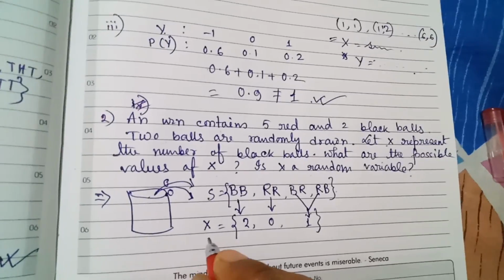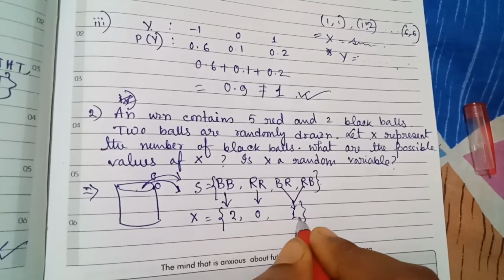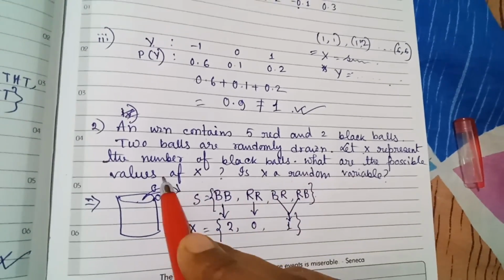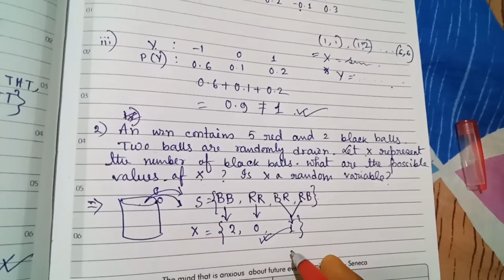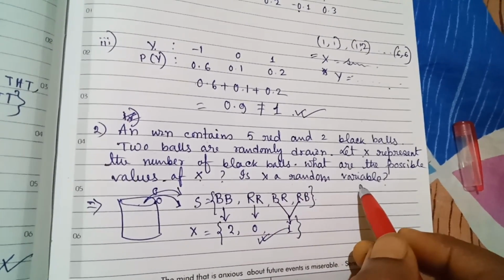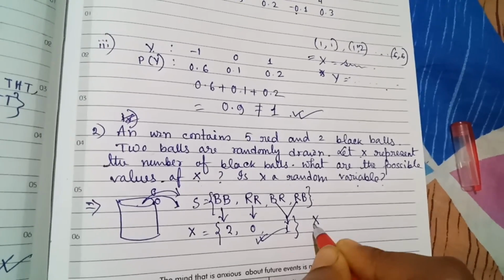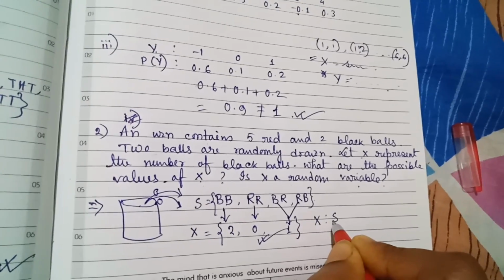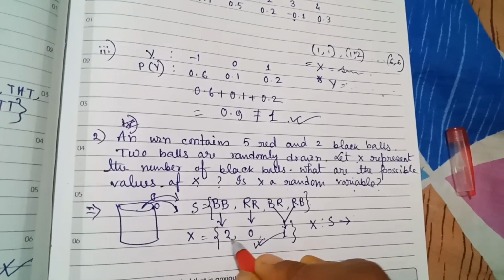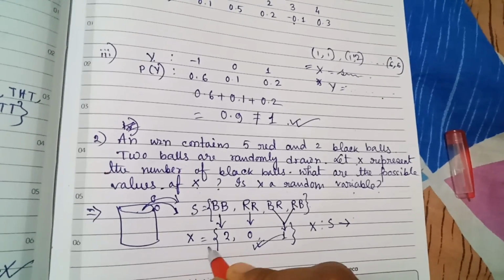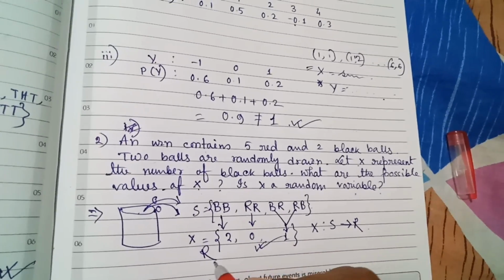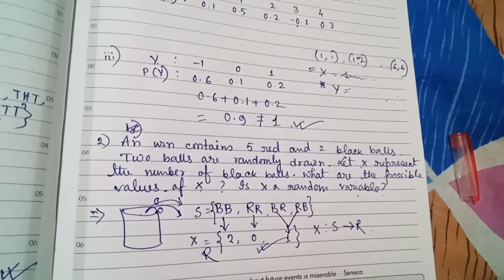That means x can take the value either 0 or 1 or 2, and these are the possible values of x. Understood? And obviously x is a random variable because x is a real valued function defined on the set S, and the range is this one. I'm just giving it the name R. So this is obviously a random variable.